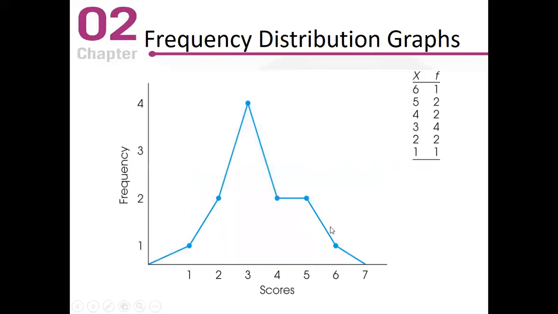So once we finish connecting the dots, we bring the line immediately down to the next value. So here's just another descriptive statistical technique, a polygon. You can easily see that the majority of people scored a 3, with fewer cases of individuals scoring in the extreme low end or high end of this quiz.